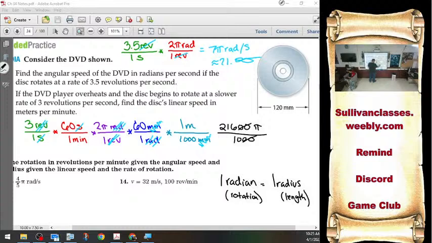216 over 10, divide by 2 is 108, divide by 2 is 5, so 108 pi over 5, or 21.6 pi, a little over 67.